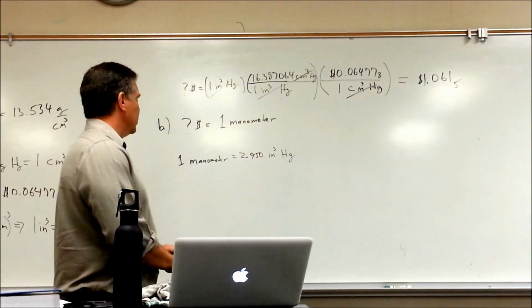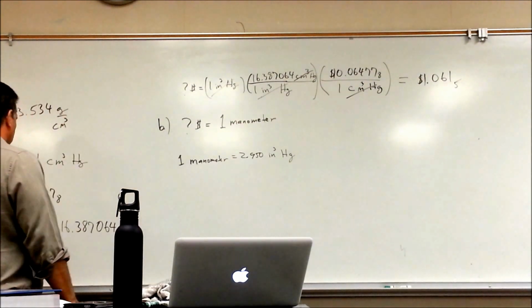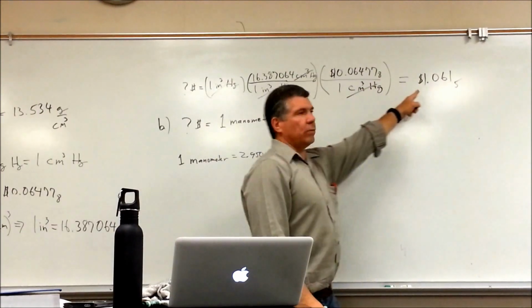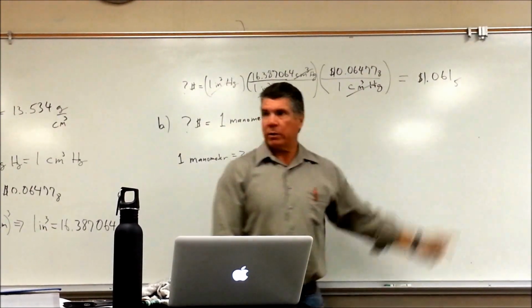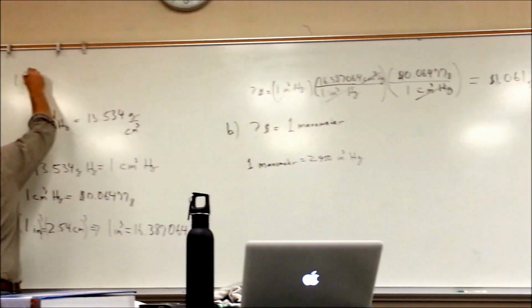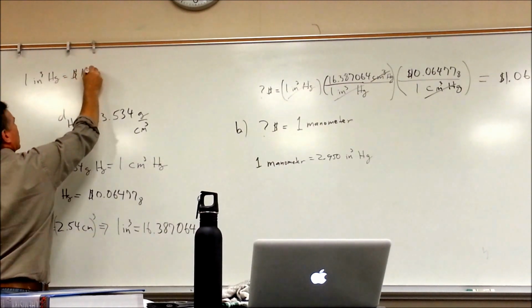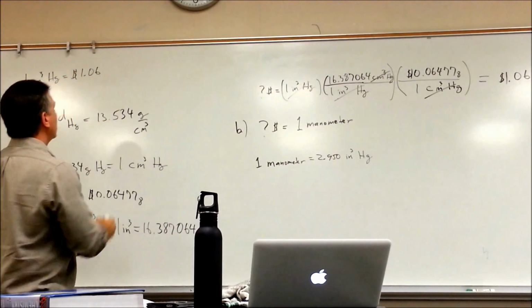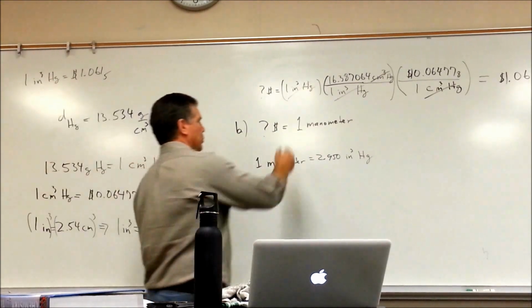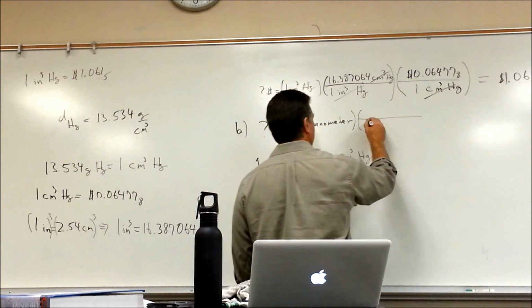So the relationship here is 1 inch. This is the cost right here of 1 cubic inch of mercury. So we can say, I need manometer on the bottom.